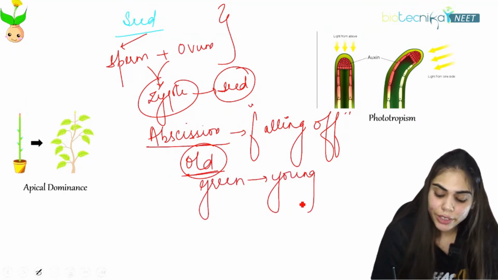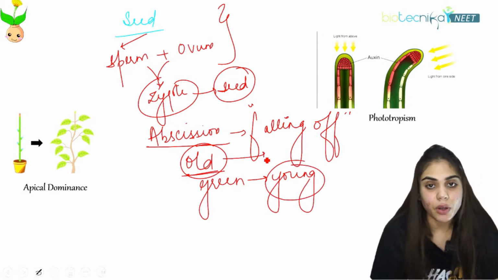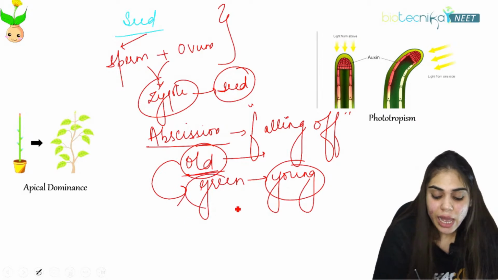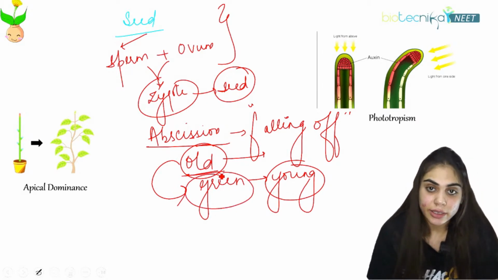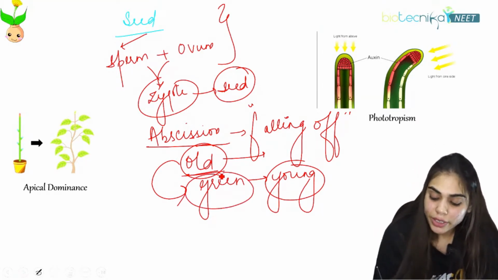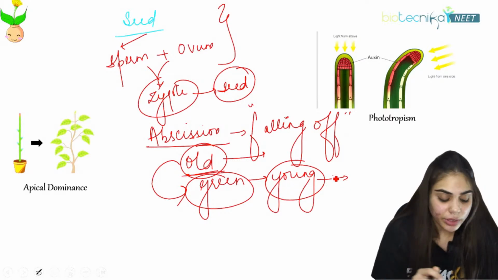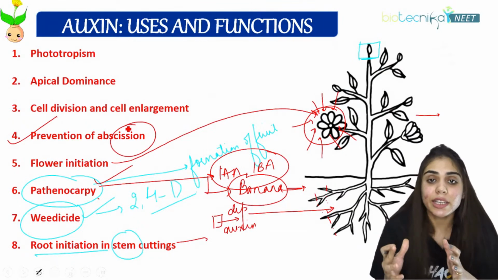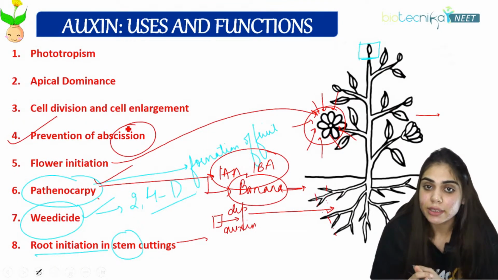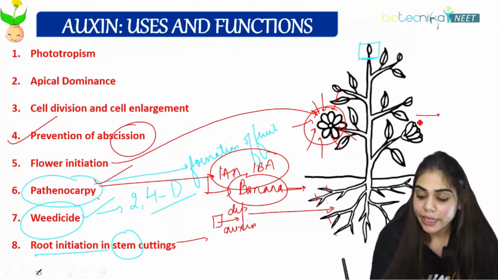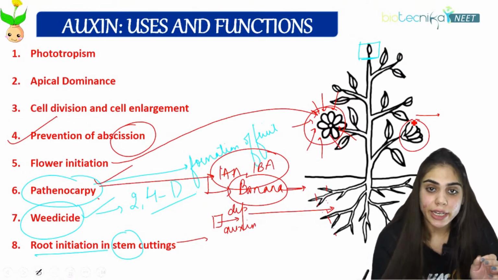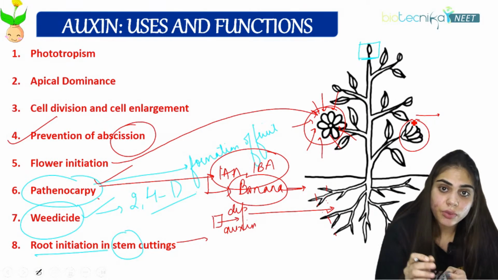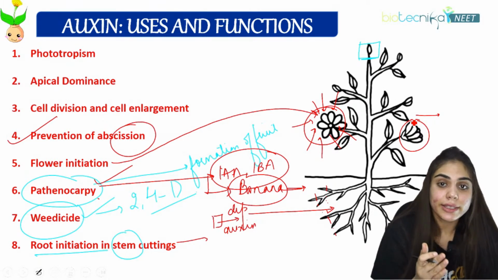So once the old leaves are formed, they will fall off, but auxin will prevent the abscission of green and young leaves. How are they preventing it? It is just because of auxin. They have a significant concentration of auxin in the leaves that is making it green and preventing it from falling off. And it is causing the abscission of older leaves but not the young leaves.